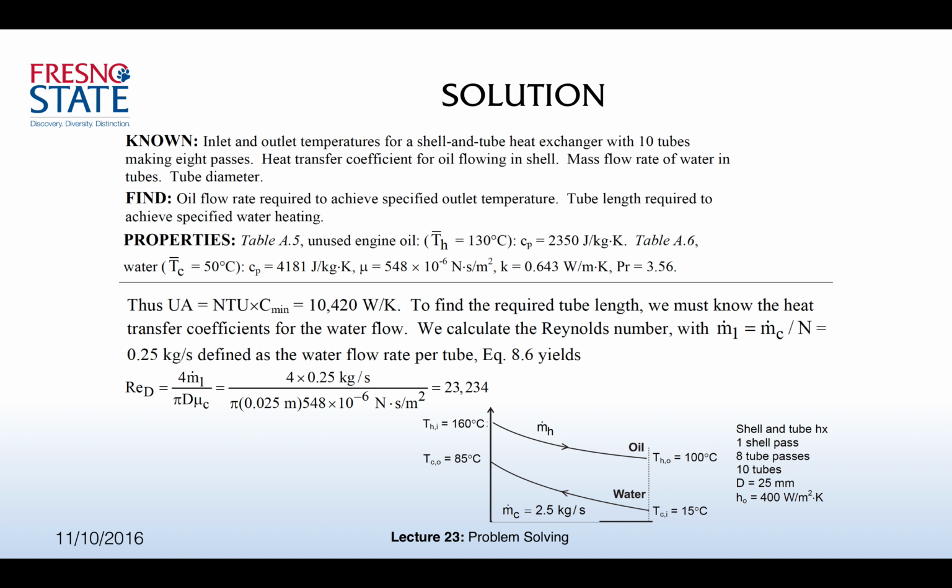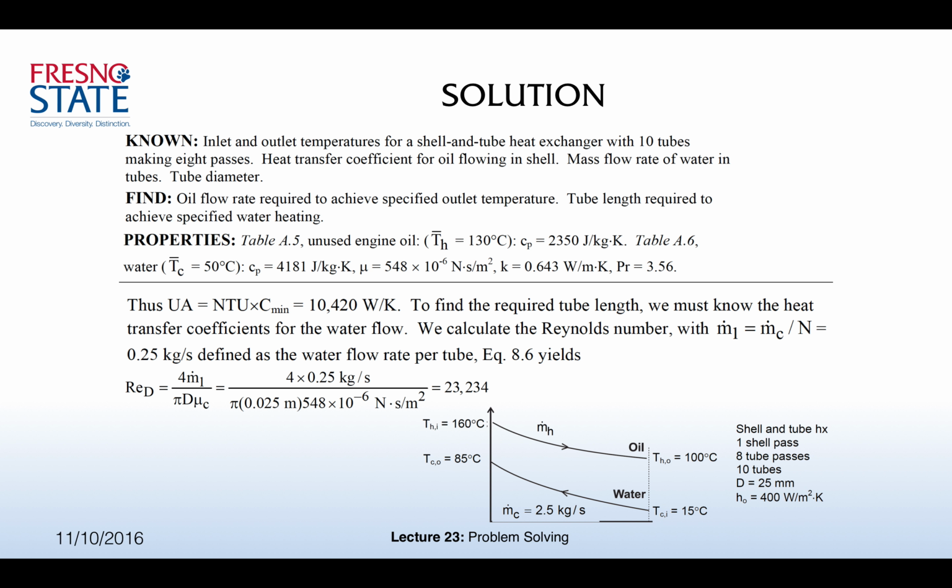Therefore, if I want to calculate the Reynolds number, then I need the mass flow rate. If I'm analyzing for one tube, I need the mass flow rate across only one tube. I have the total mass flow rate, which is 2.5, that's across the 10 tubes we have. So in order to find the mass flow rate across one tube, we take the total mass flow rate and divide it by the number of tubes.